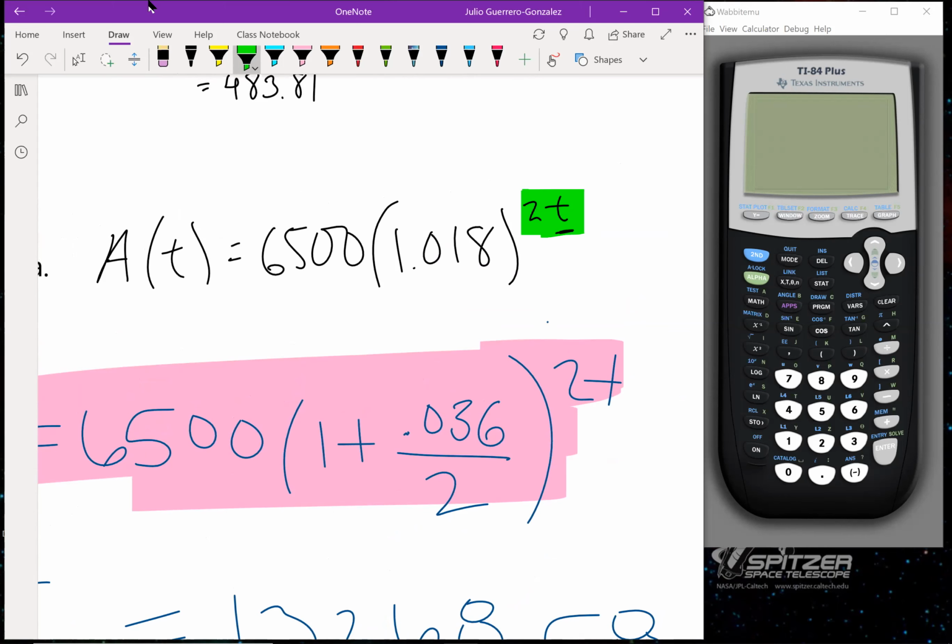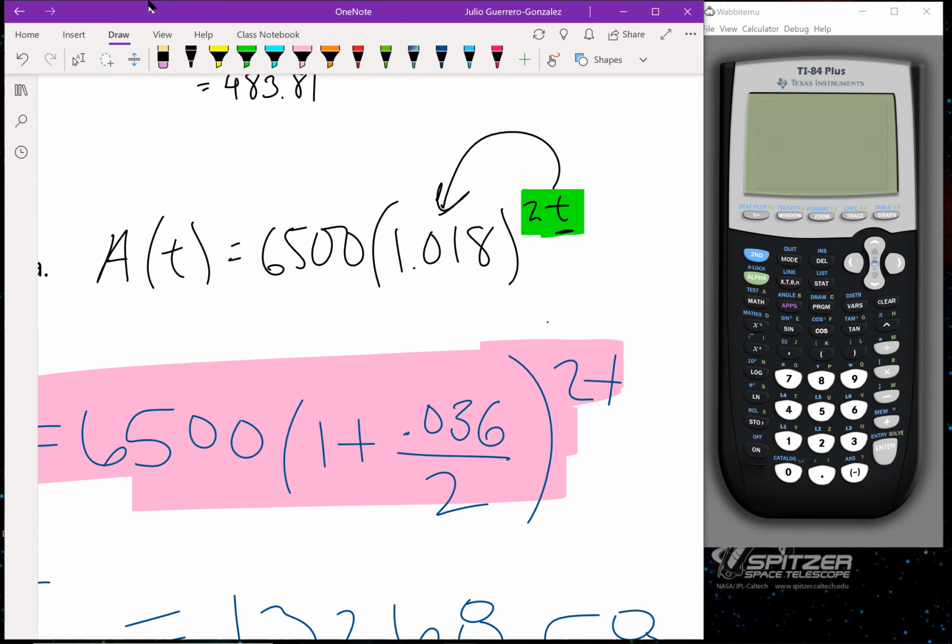So the 2t, which in essence is your 40, should only be hitting the 1.018. Oh, so then I would just do 40 times 1.018 and then multiply whatever that answer is by 6,500? Not times, to the power of. So make sure you do it to the exponent. Oh, so it'd be 1.018 to the power of 40. Exactly.